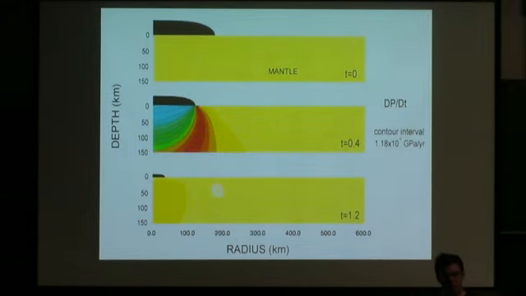Because the melting rate is proportional to the decompression rate, this huge increase in decompression rates in the shallow mantle when you take the ice off is reflected in a big predicted increase in mantle melting rates. So everywhere in the melting region feels this increase in melting rates, but it's most keenly felt in the shallow part of the melting region.